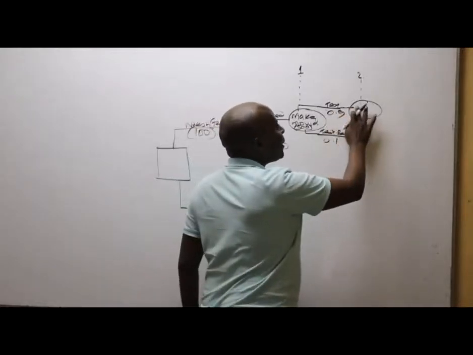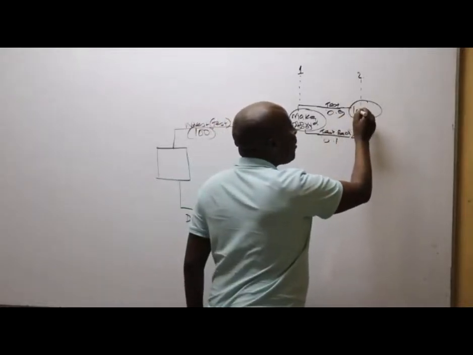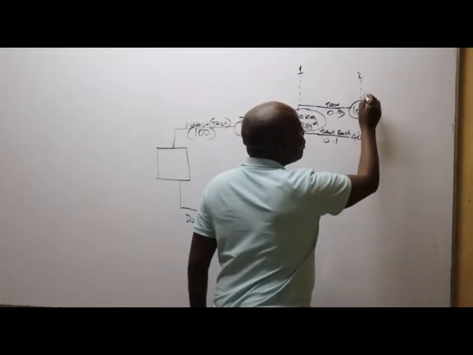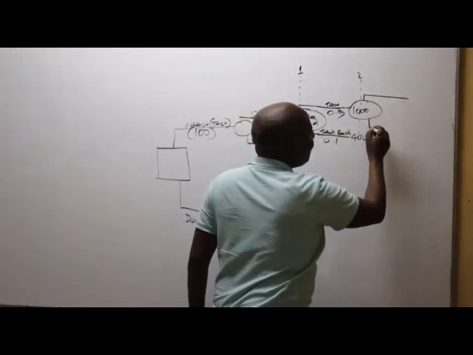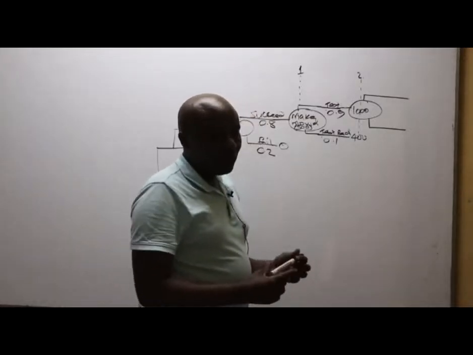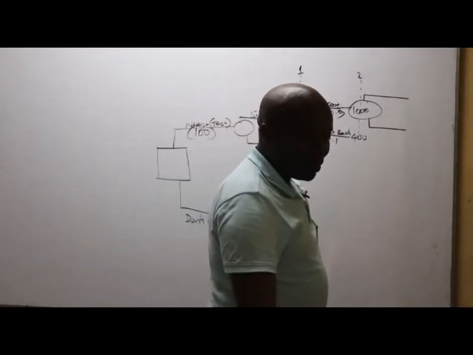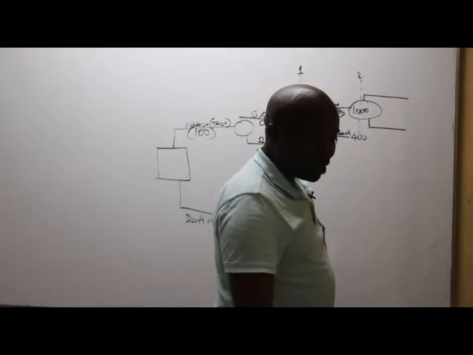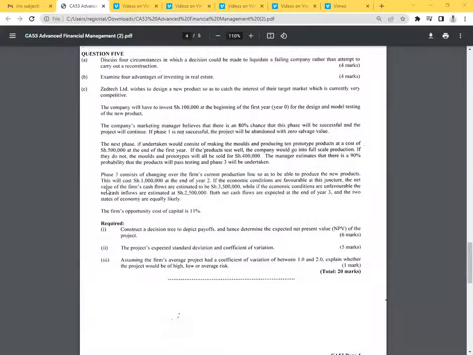So I'm capturing this in a circle. Why? Because of the ensuing events. There are 2 events which will ensue there, which are probabilistic. They've told us here that phase 3 consists of changing over the farm's current production line so as to be able to produce the new product.